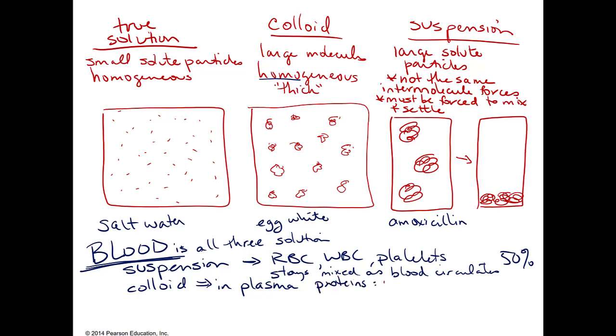Proteins, one of them is called albumin. Albumin helps to thicken the blood, and it also helps the blood to keep the right amount of water. So albumin is constantly produced by your liver and put into the blood, and it tries to maintain this sort of thickness to it.